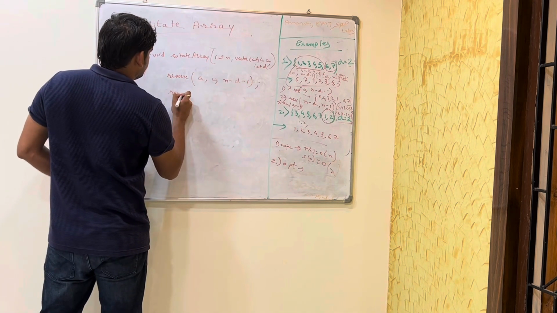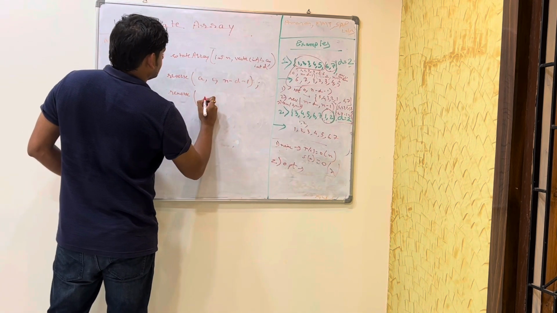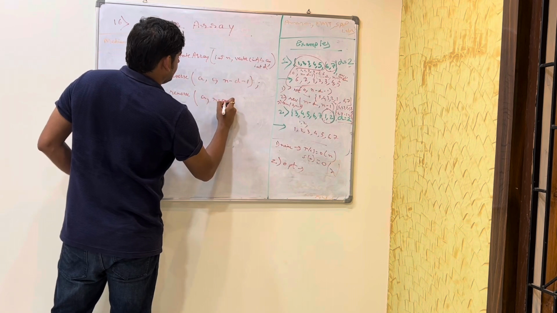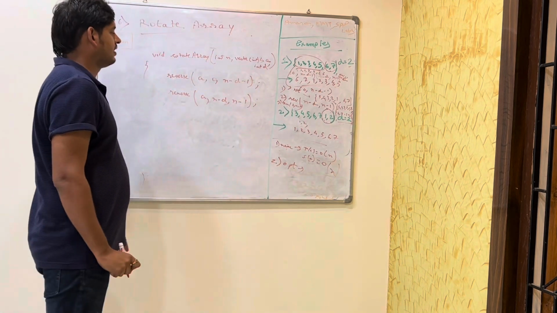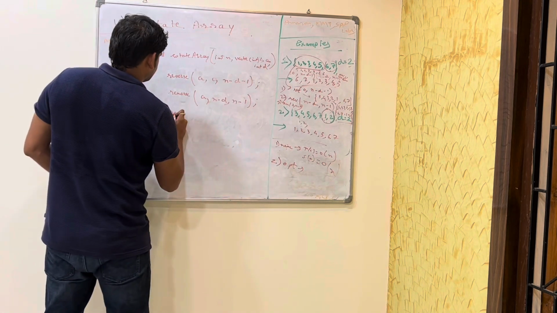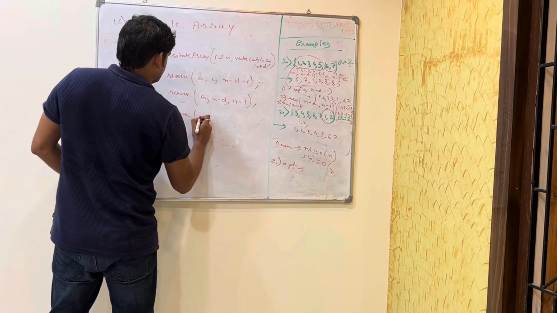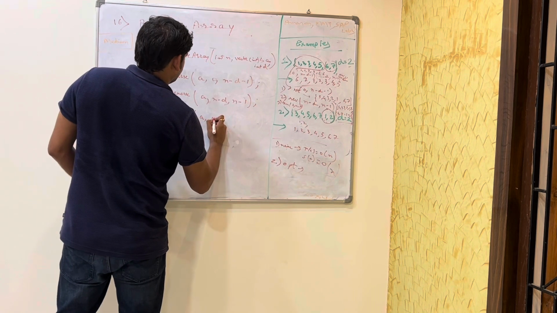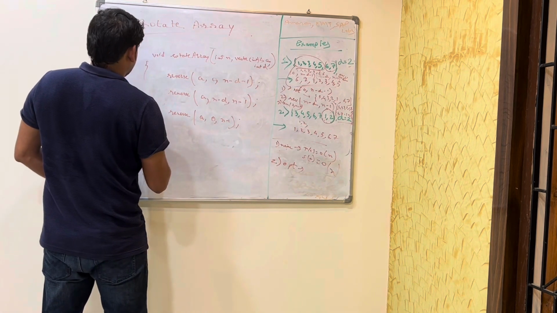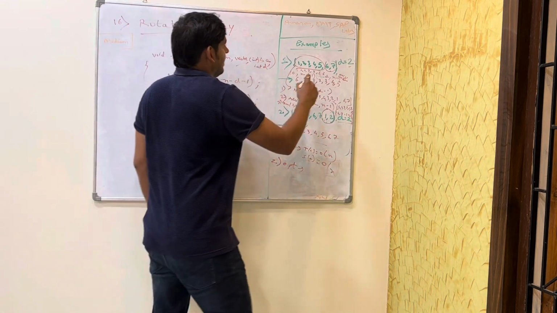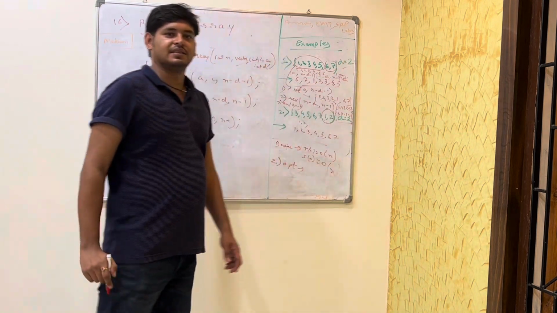Then we will reverse n minus d, comma n minus 1. And then we will reverse the whole array 0 to n minus 1, and this will give the array with this right rotation.